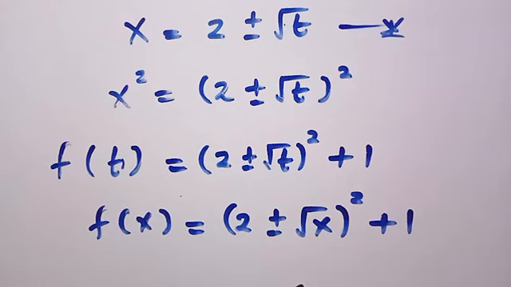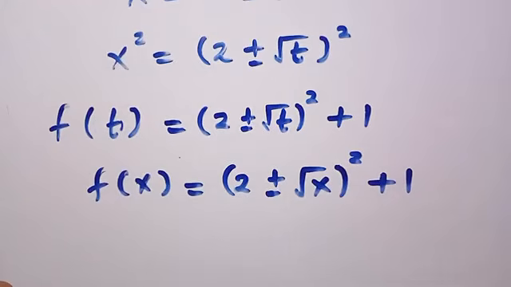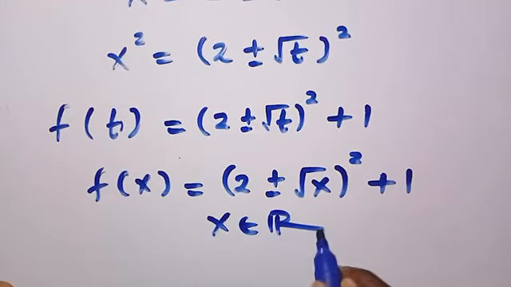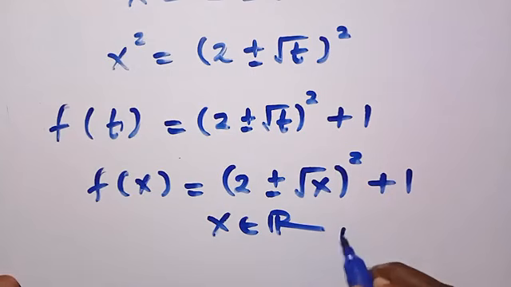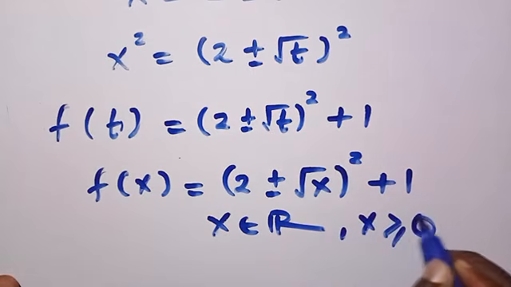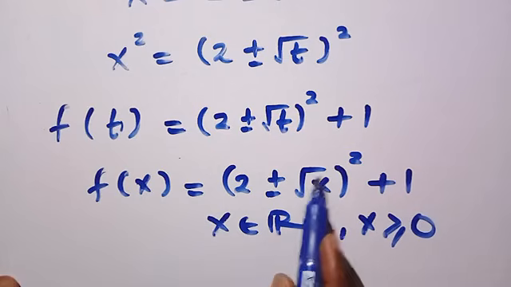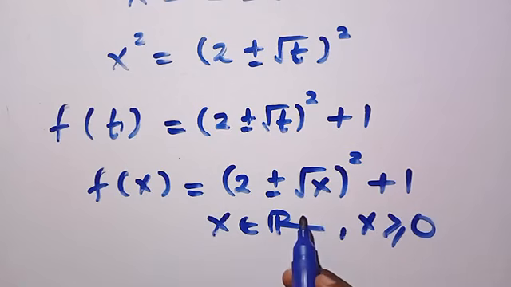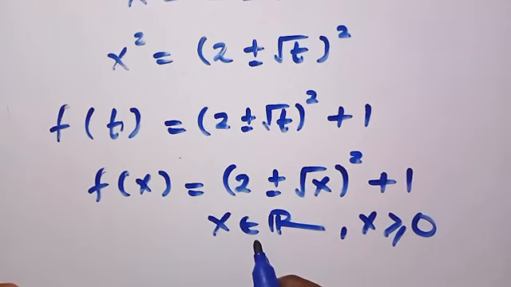But what if we are asked to find f of 1? Before we find it, we define x here as a member of the real numbers, not negative. So x here is greater than or equal to 0. We don't need the complex solution at this point because x is only a member of the real numbers.